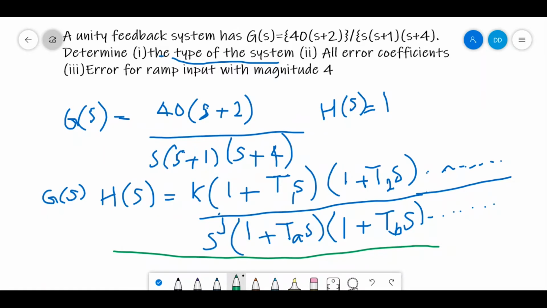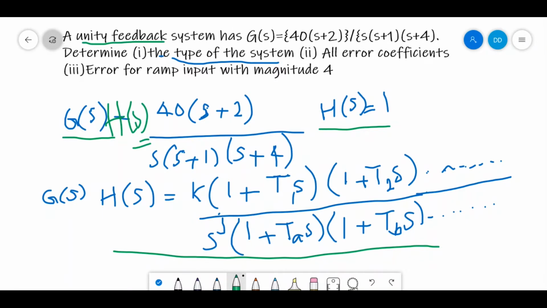It is a unity feedback system, so we have H of S equal to 1 and G of S is given this way. We write G of S into H of S, which gives us 40 into S plus 2 divided by S into S plus 1 into S plus 4.